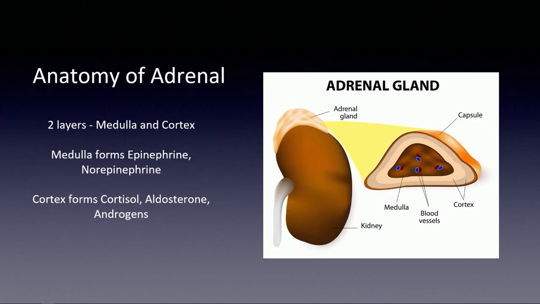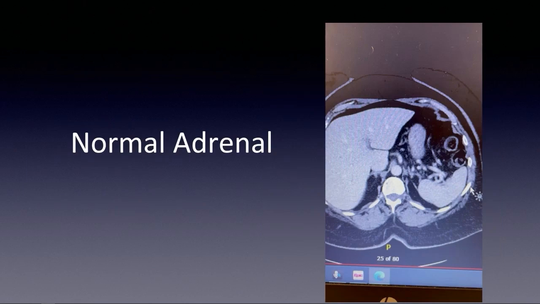So the anatomy of the adrenal gland: the adrenal sits on top of the kidney, as you know. It has a cortex and medulla. The medulla forms epinephrine and norepinephrine. The cortex forms cortisol, aldosterone, and those weak androgens like DHEA. The normal adrenal gland looks like a triangle, right? That's the adrenal right there. There's a liver, spleen, adrenal gland.